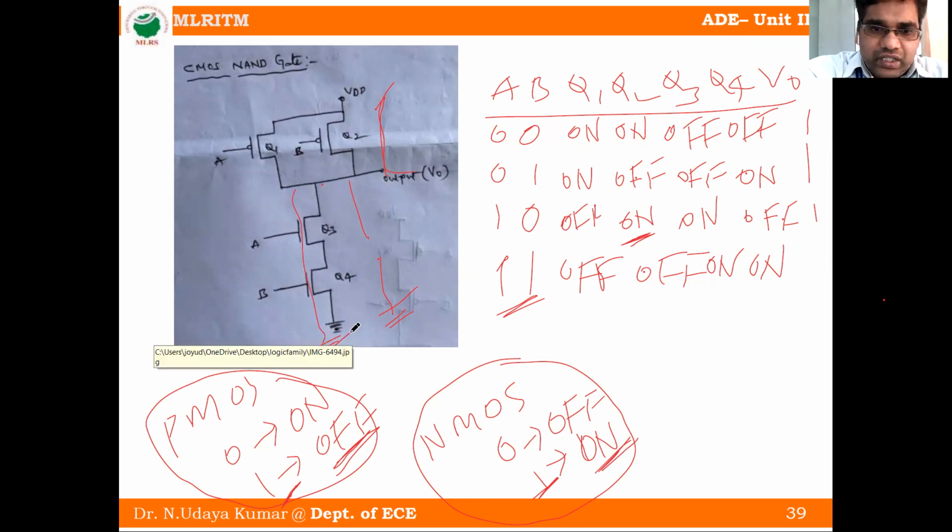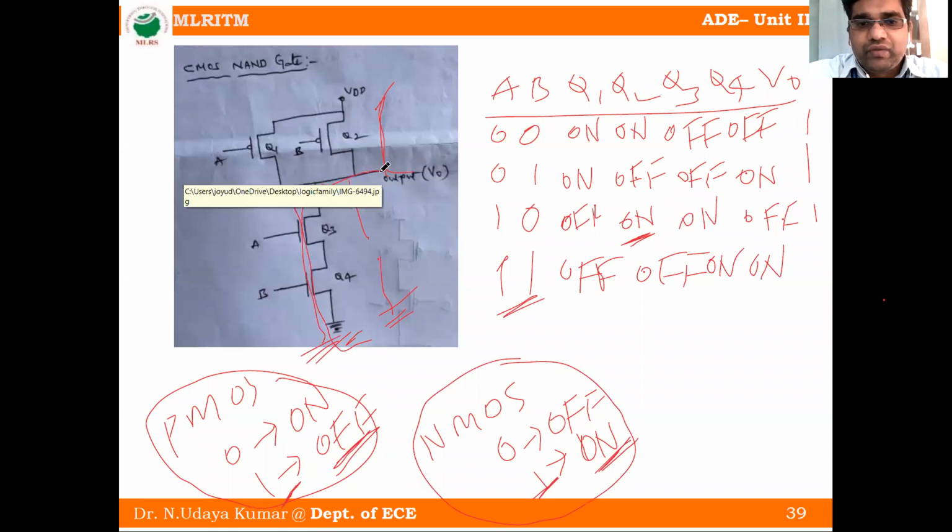Ground is directly connected to the output, so we will get 0. So what is this?